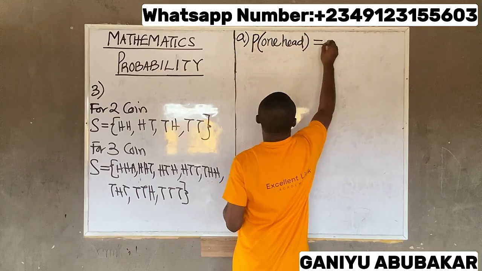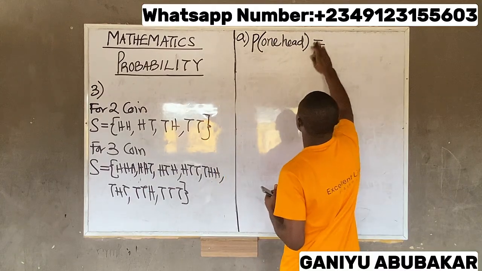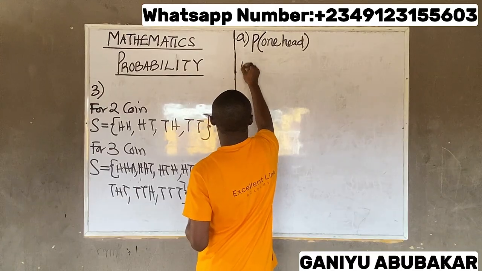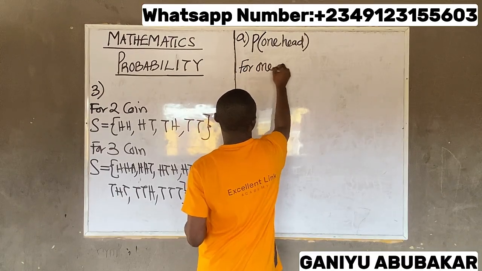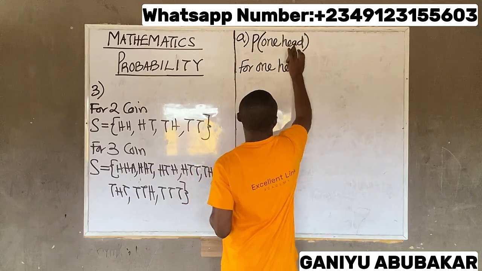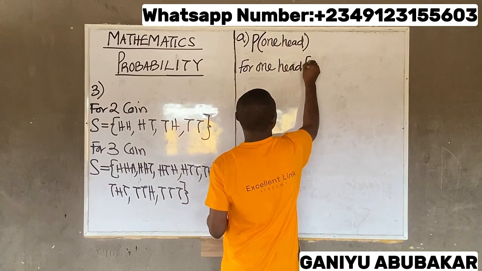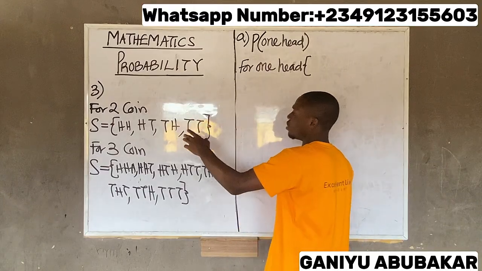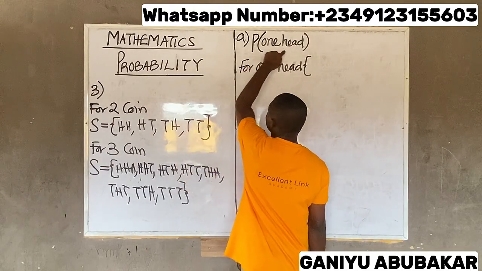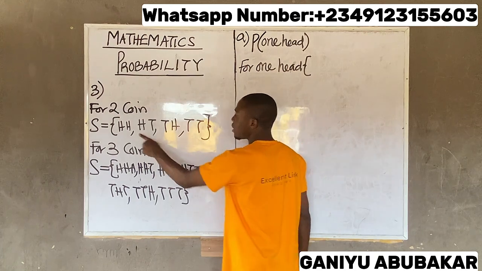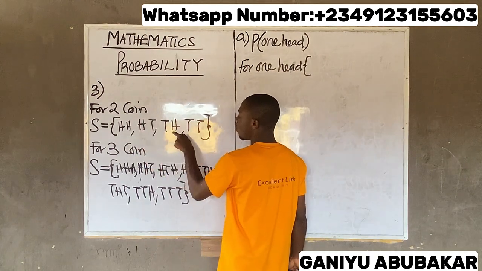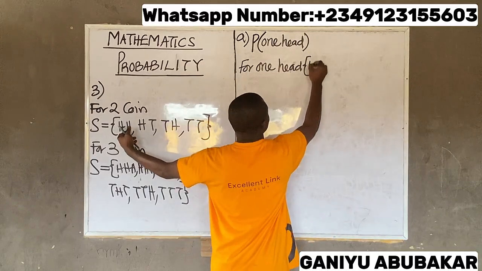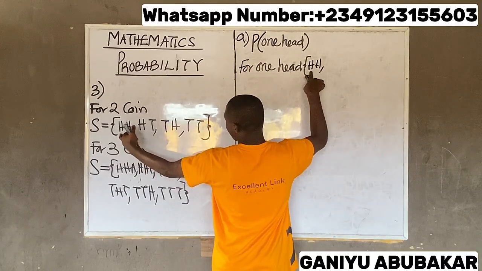Before I find the probability, I need to find how many outcomes have at least one head.